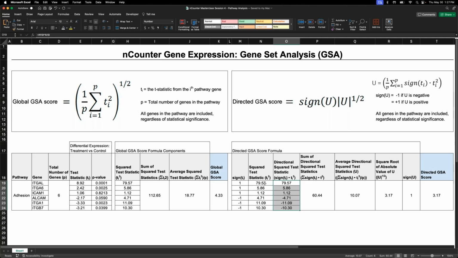So the positive ones, positive 1 times 79.57 is positive 79.57. Negative 1 times 4.71 is negative 4.71. So now we've incorporated the direction of the genes. Positive again here means upregulated, negative means downregulated. And now I do the same thing as I did on the left-hand side. I simply add all of these values together, and the sum is 60.44.